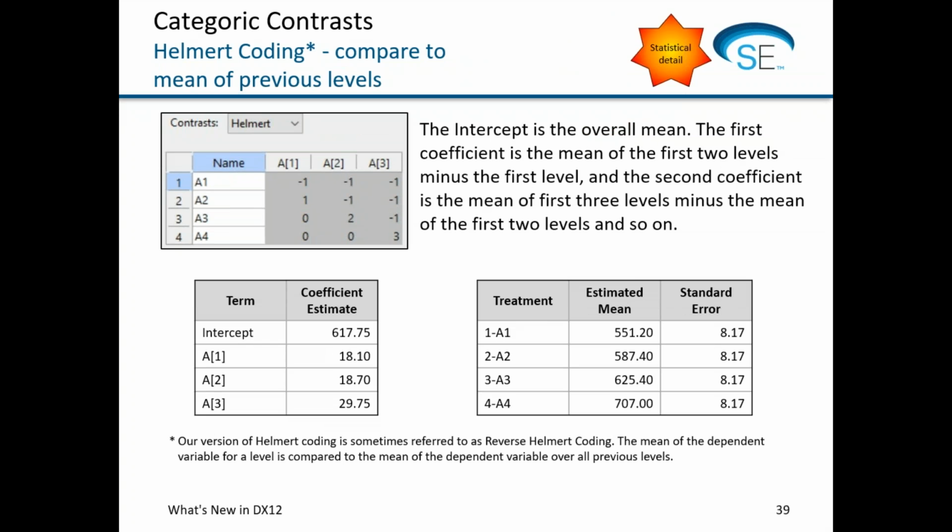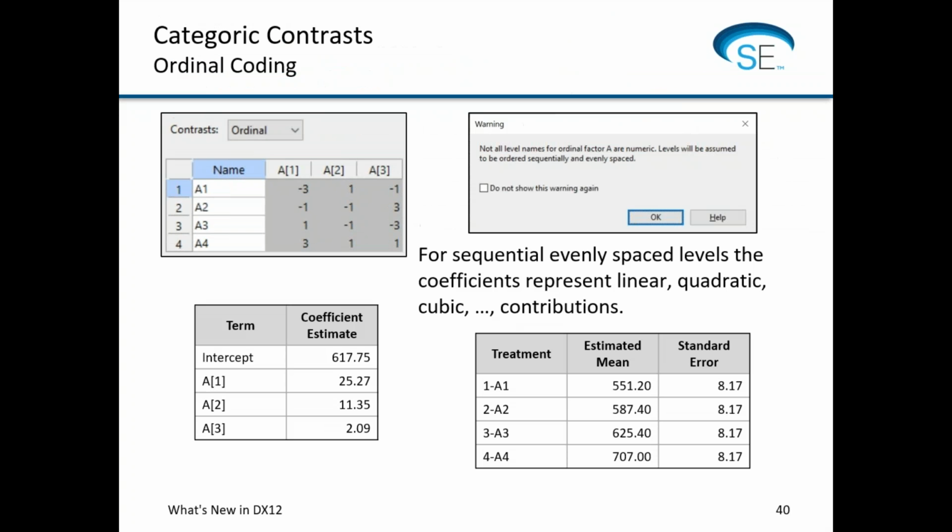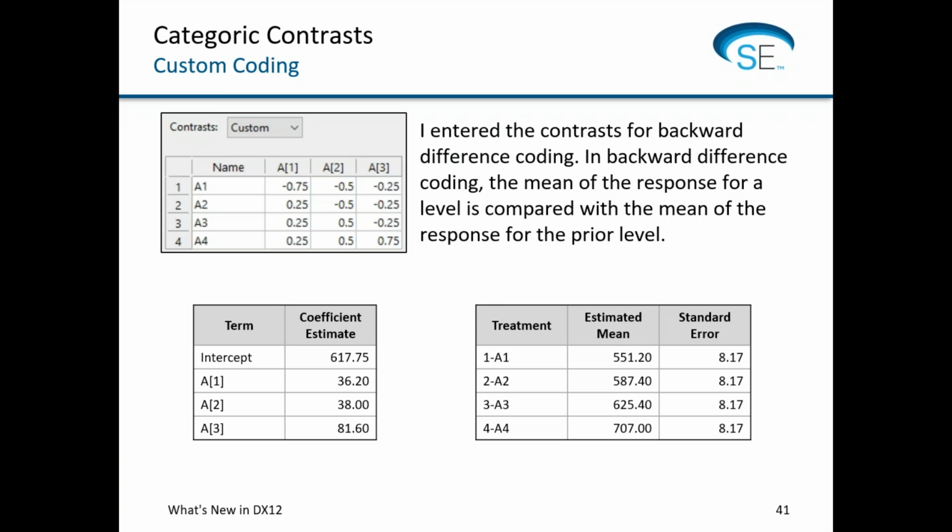There's something called Helmert coding, and there's our ordinal coding that we had before. And finally, there is the ability to do custom coding. So you can code the contrast in any way that you would want that fits your needs.